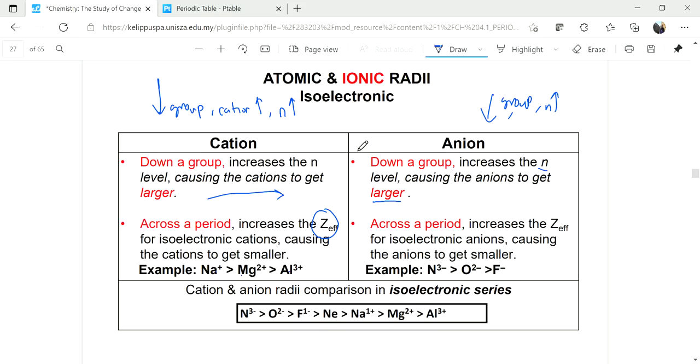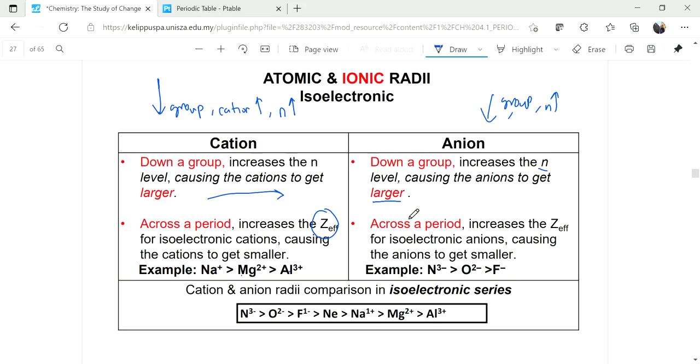As we go down the group, cation and anion will experience the same trend. It will increase the energy level, so then the orbital will get larger. Cation and anion both will increase. The ionic radius for cation and anion will be increased.